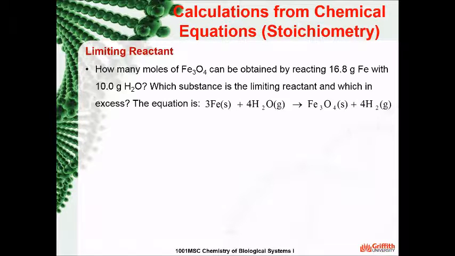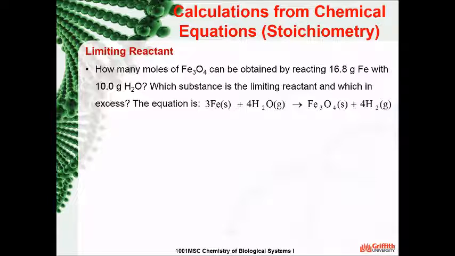For instance, how many moles of Fe3O4 can be obtained by reacting 16.8 grams of Fe with 10 grams of H2O? Which substance is the limiting reactant and which is in excess? The balanced equation is given. You are given the mass of reactants in this example, and you can't determine the limiting reactant from that.